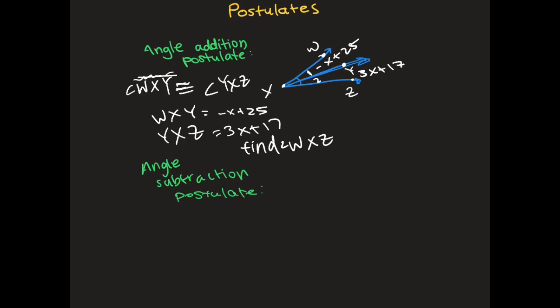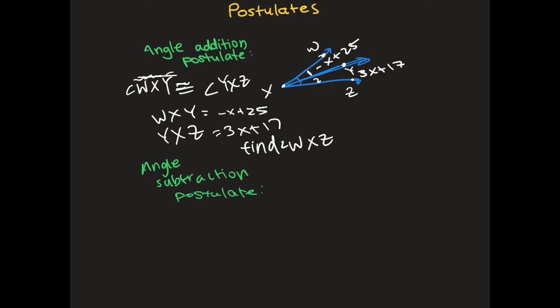Now, it's just like segment addition postulate, where these two parts, angle 1 and angle 2, are split apart to create WXZ. If you add those two parts together, they create a bigger whole.